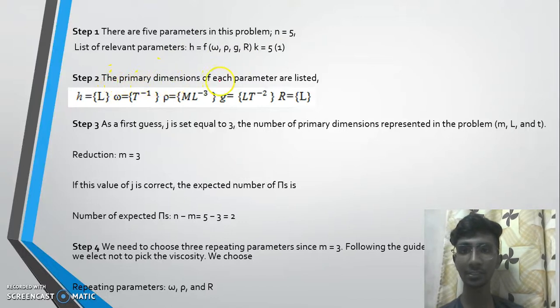The primary dimensions of each parameter are listed. h is L, ω is T^-1, ρ is M L^-3, g is L T^-2, R is L. That means it uses length, time, and mass.